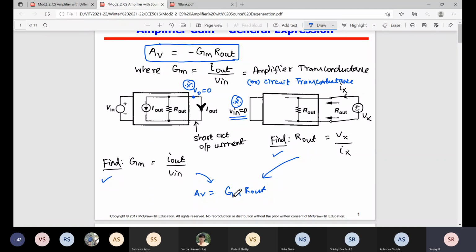So first we need to find the Gm. What you have to do? We need to short circuit the output and measure the Iout flowing outwards. Outwards means this direction, not inwards. It's very important. Short circuit output current flowing outwards, this is your definition.